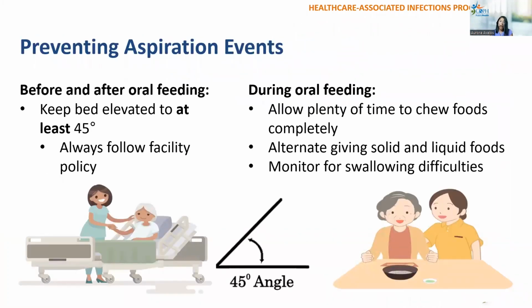To review how to prevent aspiration events, you could review the Preventing Aspiration Events slide with your staff to reinforce understanding. Encourage your staff to ask additional questions so that they have a better understanding of the IPC practices they perform every day.